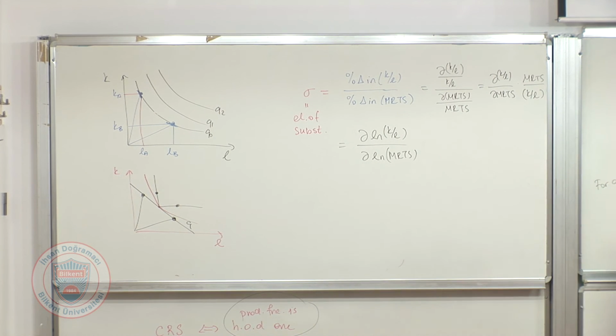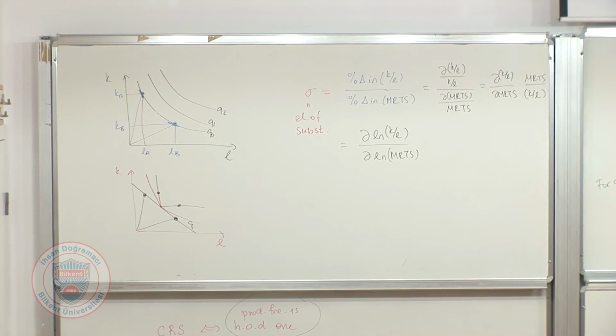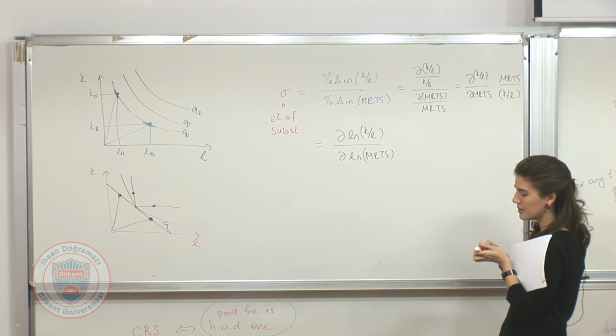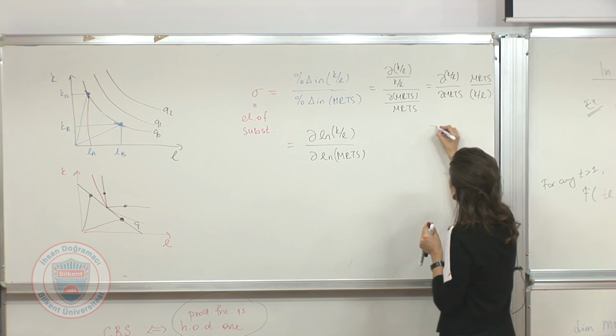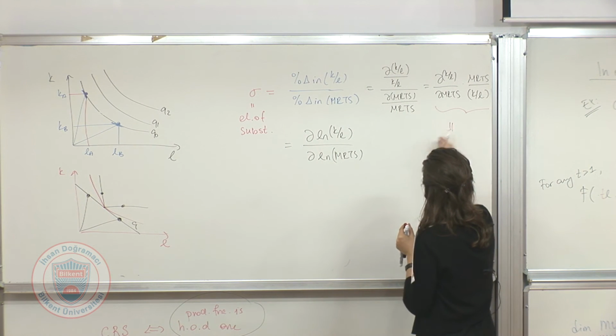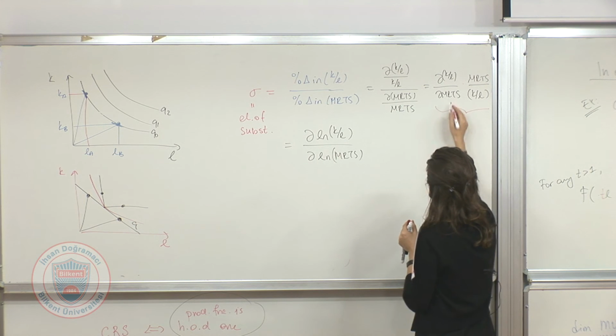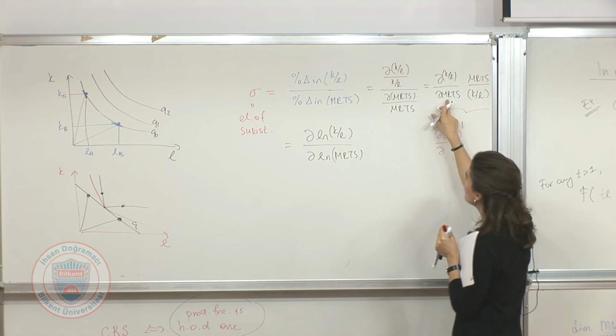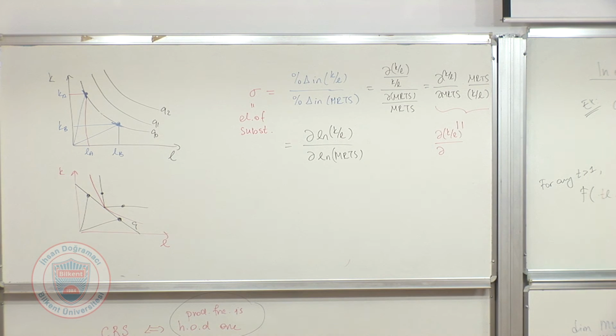This is basically the elasticity of substitution. And what do I know about this marginal rate of technical substitution? If you want, you can also write this guy like this, K over L, del. What is the marginal rate of technical substitution equal to?